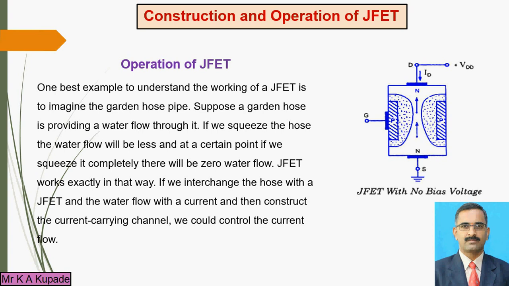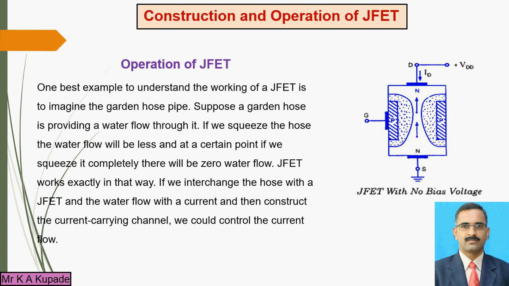See what I want to explain with this example. You consider the cock, which has a knob, and the output of that cock is nothing but the drain, and the input is the source. It collects the water and drains the water at the output.